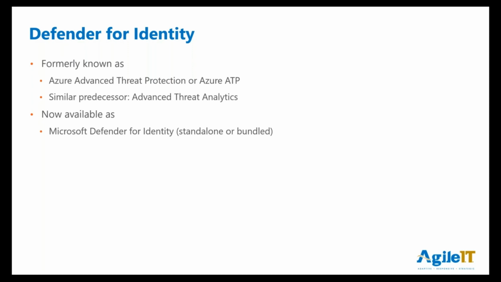It's deprecated and kind of sits on its own, but Defender for Identity is the true replacement for Azure Advanced Threat Protection, which no longer exists. And you can get Defender for Identity either as a standalone license or bundled in other licensing options. We'll get into licensing pathways and strategies later on, but for now, this is where we are in the Microsoft space.